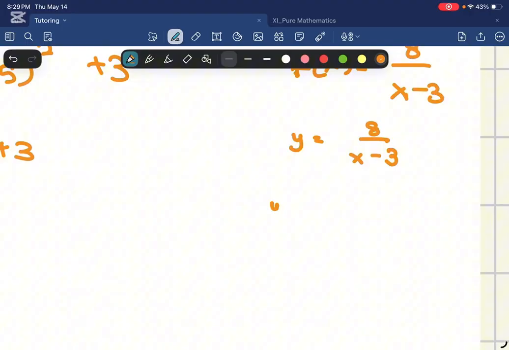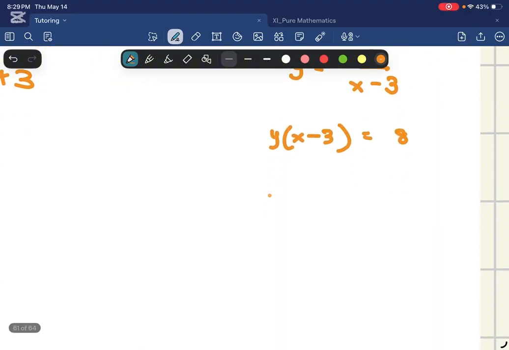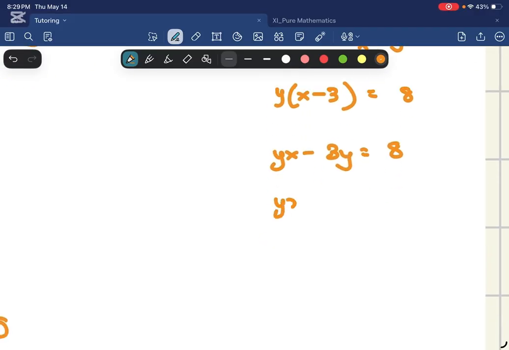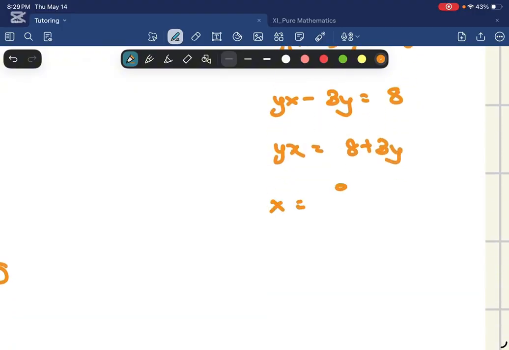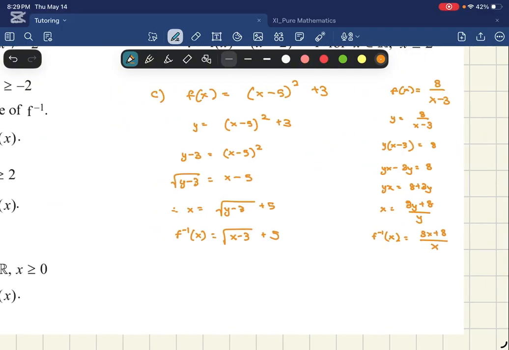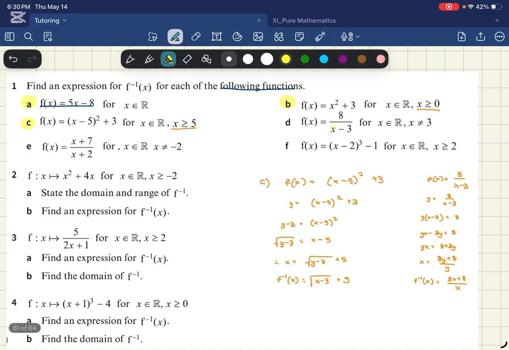If I multiply by (x minus 3) on both sides, I get y times (x minus 3) is equal to 8. yx minus 3y is equal to 8. yx is equal to 8 plus 3y. And x is equal to (3y plus 8) divided by y. So f inverse of x is going to be (3x plus 8) over x. So we are done with C and D.